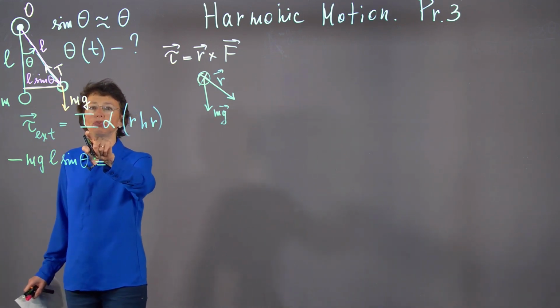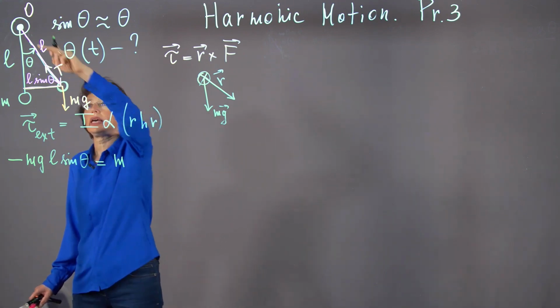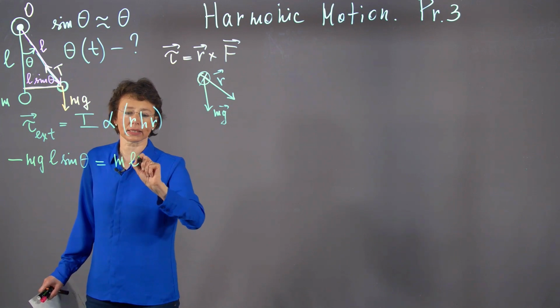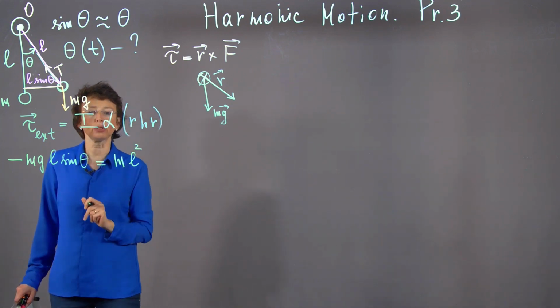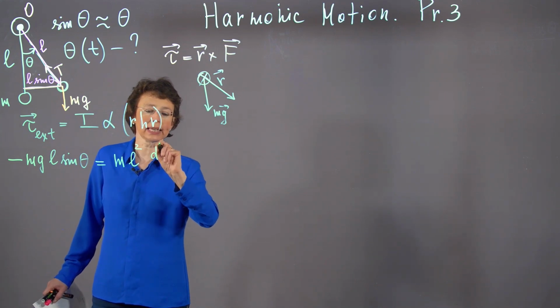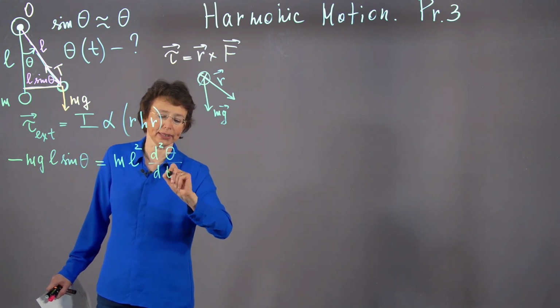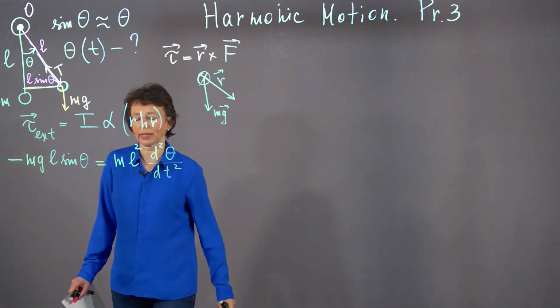And this is equal to I. I, the moment of inertia, is m r squared, where m is m, and r is L, so L squared, times alpha, the angular acceleration, and angular acceleration is the second derivative of the angle, d2 theta by dt squared.